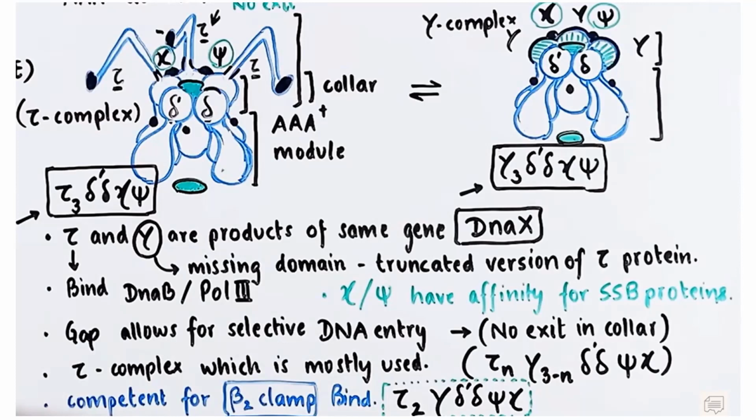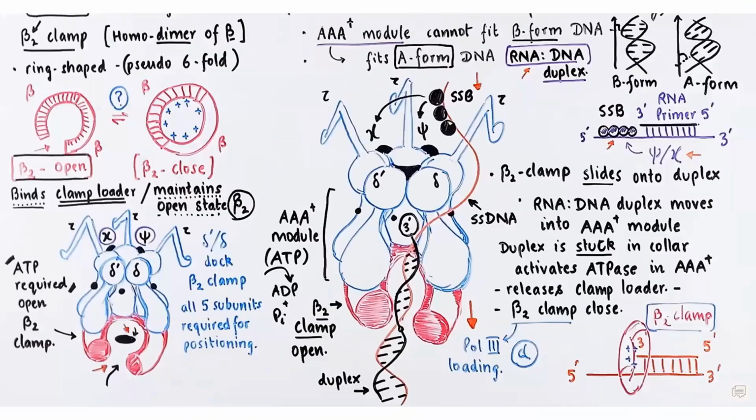So the clamp loader is now going to bind the clamp, and it is only fair that we now discuss the structure of the beta 2 clamp before going into the loading process. It is a homodimer of the beta protein. Since it is a dimer of beta, we simply call it beta 2.